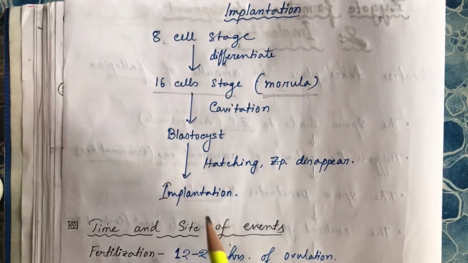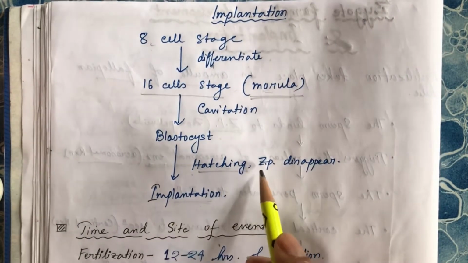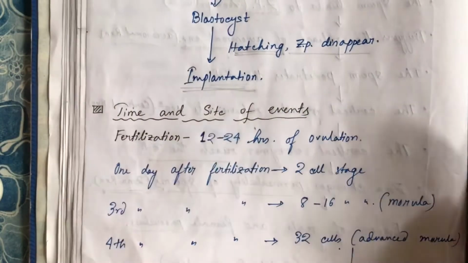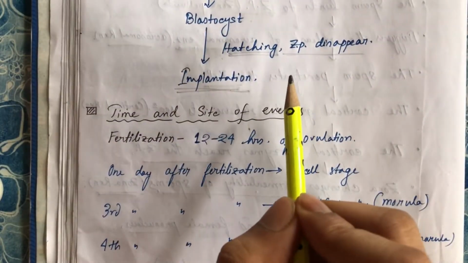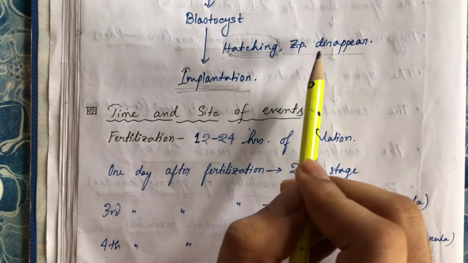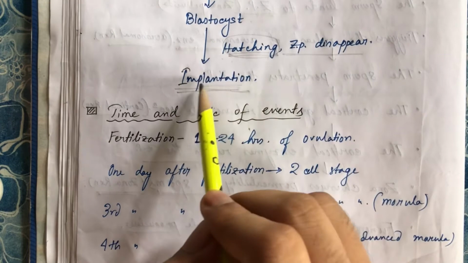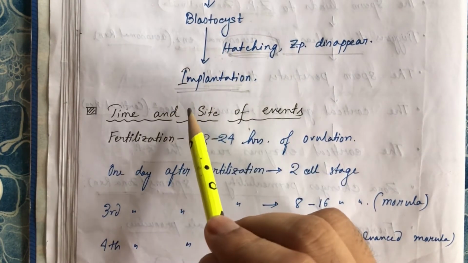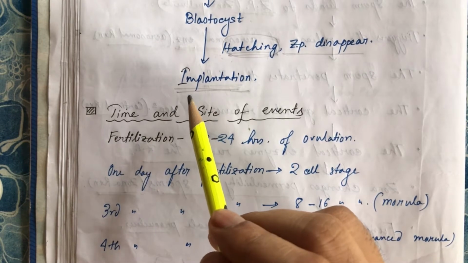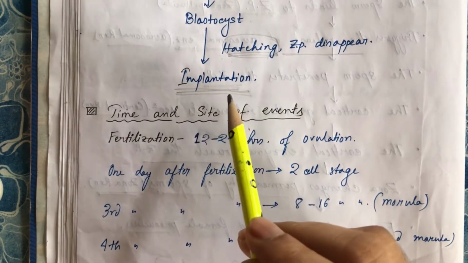After that, hatching occurs and the zona pellucida disappears, and implantation occurs. Hatching is the release of the embryo from the zona pellucida, and the blastocyst goes to the endometrium of the uterine cavity, and implantation occurs there.